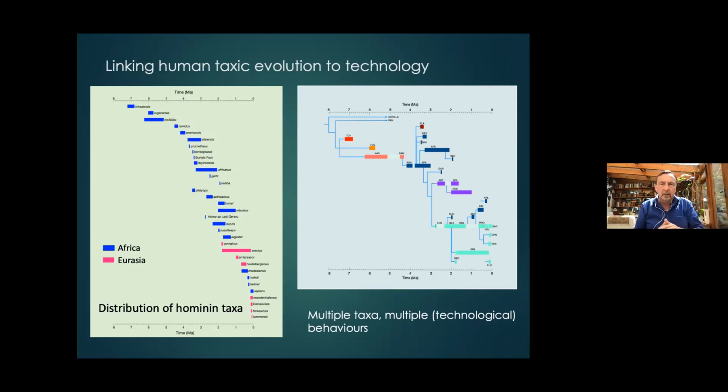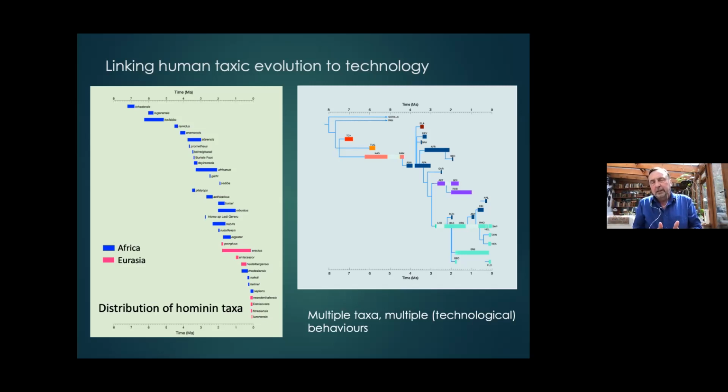These diagrams are pretty standard stuff: we have the range of taxa, time from 8 million years on the x-axis, just showing the first and last appearance of these multiple taxa. There are somewhere, let us say, between 20 and 30, depending on how you define those, and they must have a phylogenetic relationship.